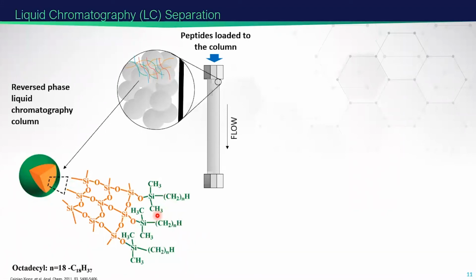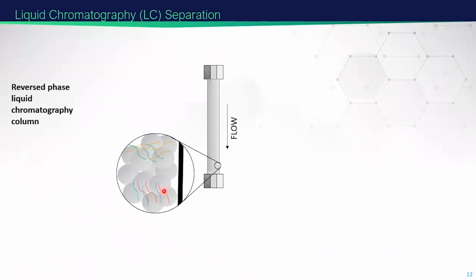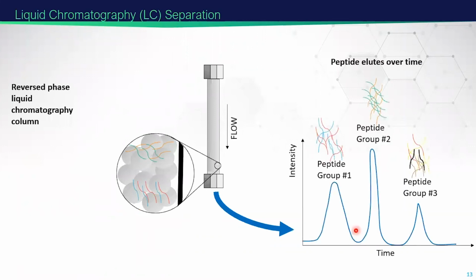In that way, you separate them by hydrophobicity. So in the end, you will have peptide groups separated, and when they elute, you will see a nice separation between groups.